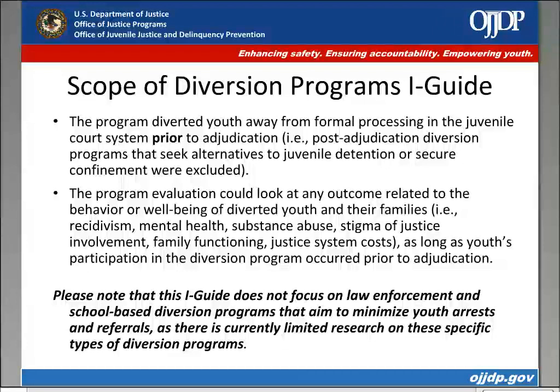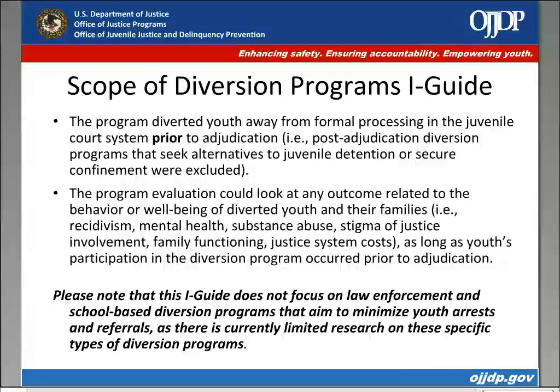Some of the diversion programs are pre-trial and pre-disposition, which means that youth are diverted away from system processing at the outset. However, there are other programs that begin only after formal adjudication or an admission of guilt. And in those cases, youth are diverted away from detention or incarceration, but are still formally processed.